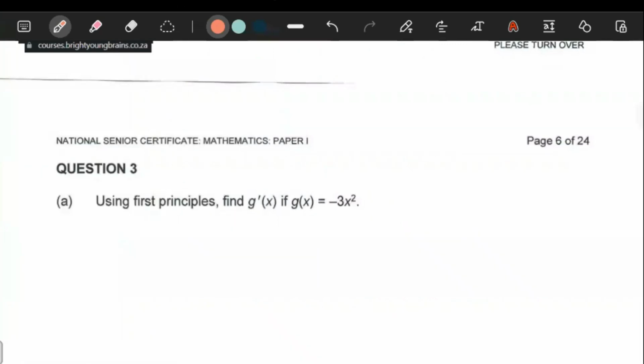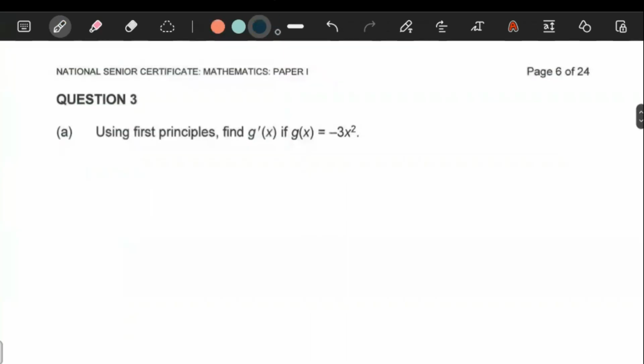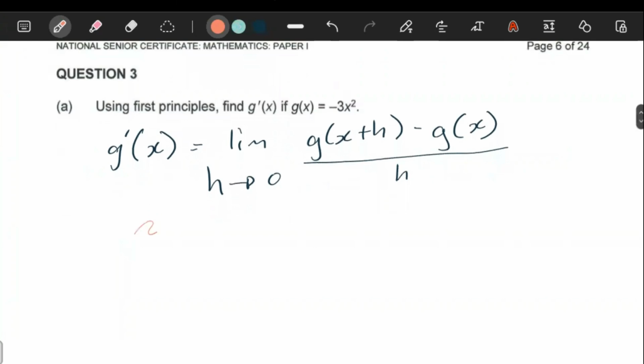Question 3 says, using first principles, find the first derivative of g. So that's a 4 mark question. That's straightforward, because your first derivative will be equal to lim h goes to 0, g of x plus h minus g of x over h. Now, in this situation, it doesn't seem like we have a difficult question.